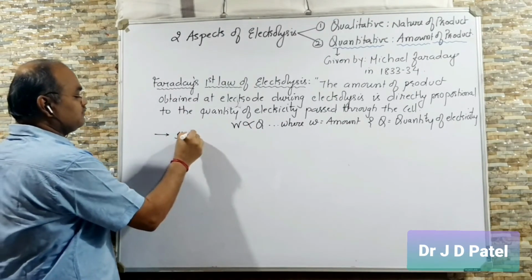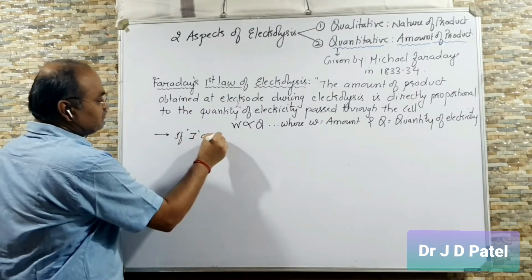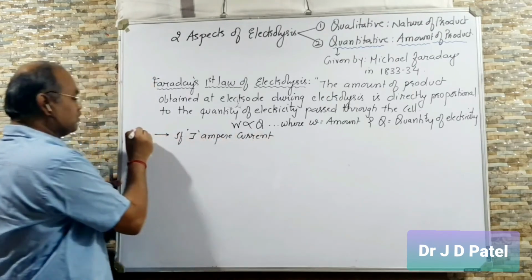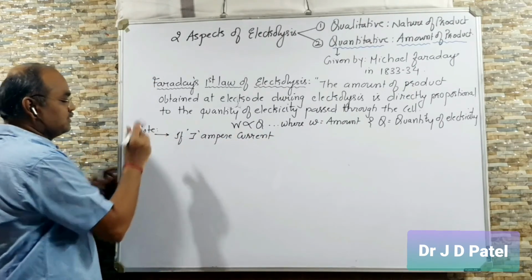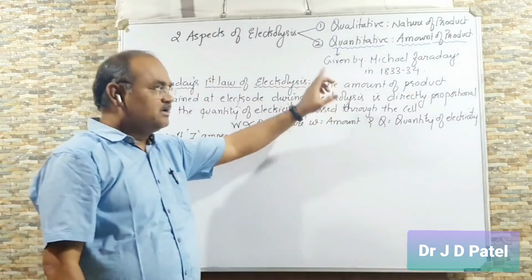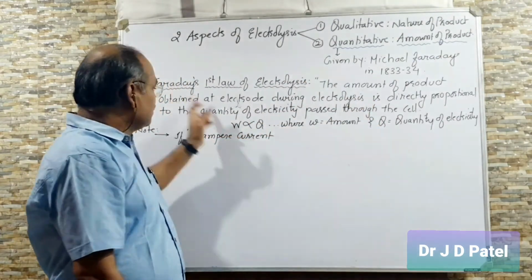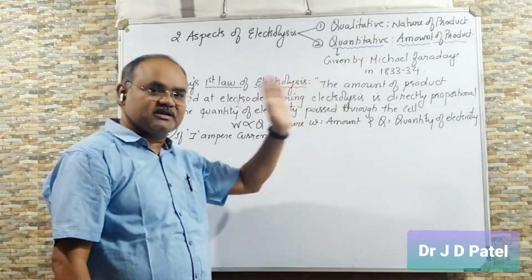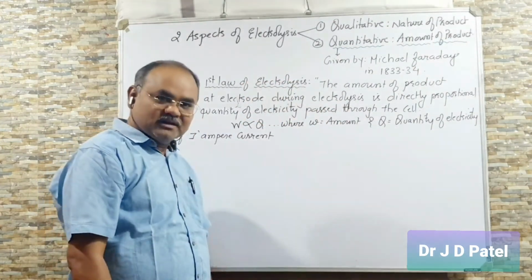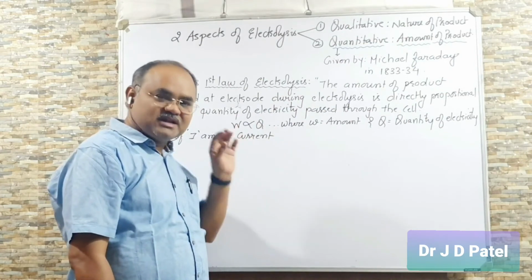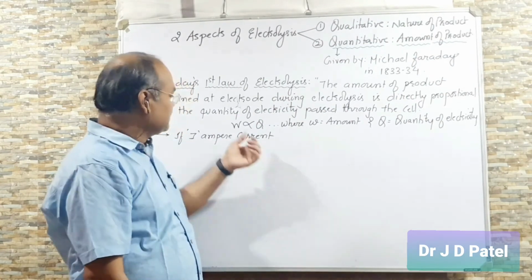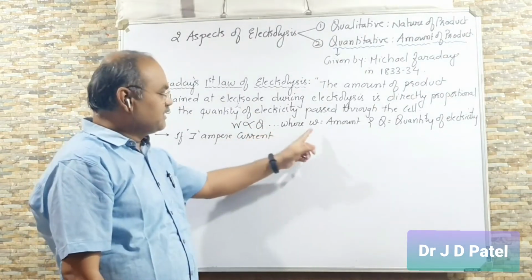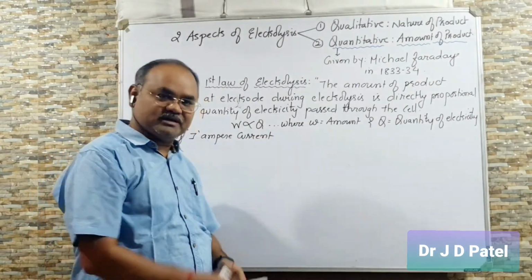If 1 ampere current, this is a note. Your Faraday's first law is this much. Amount of product obtained at electrode during electrolysis is directly proportional to quantity of electricity passed through the electrolytic cell. इसका मतलब जितना करंट पास करोगे उतनी प्रोडक्ट मिलेगी, राइट? So this is product, this is current. Both are directly proportional. Where W is the amount of product, Q is the quantity of electricity.